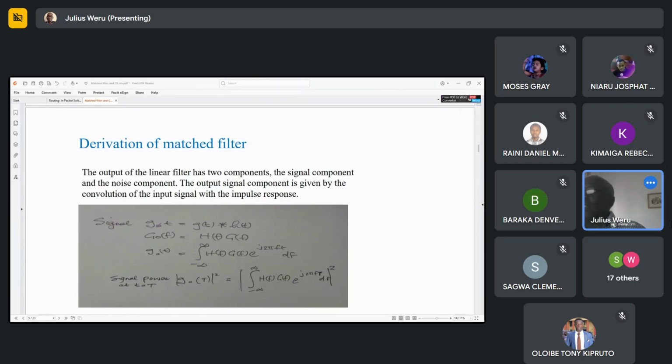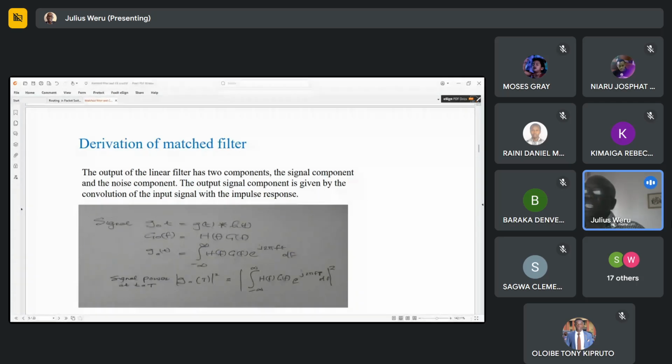So the signal g0(t), which is the output at this point, is g(t) convolved with h(t), and using the convolution theorem, we know that G0(f) is just H(f) times G(f). So g0(t) you can get will be the integral from negative infinity to infinity of H(f)G(f)e^(j2πft) df.